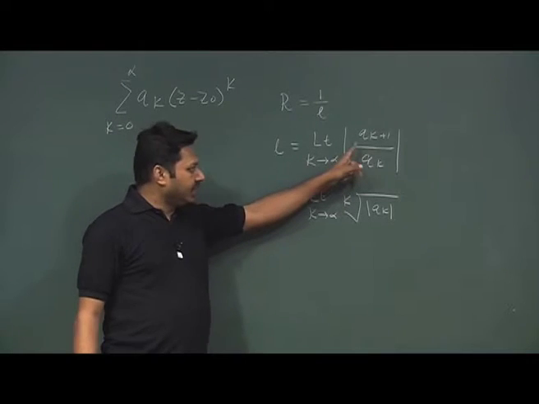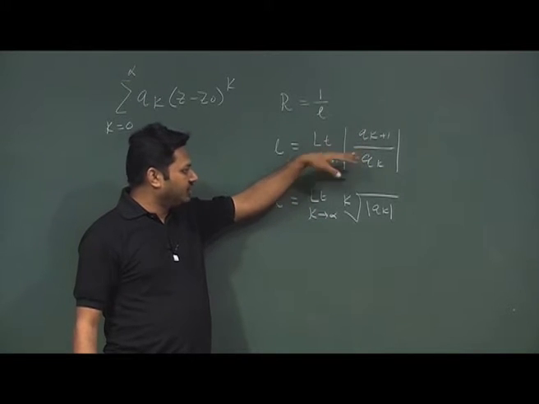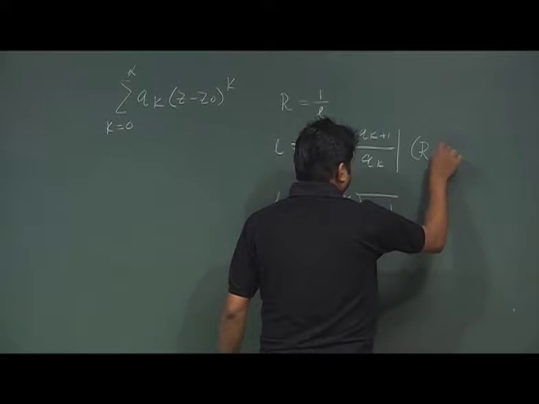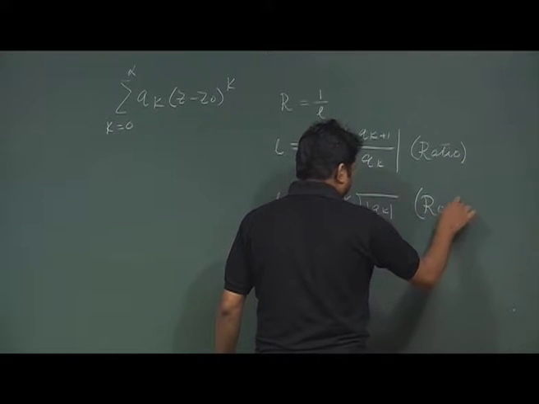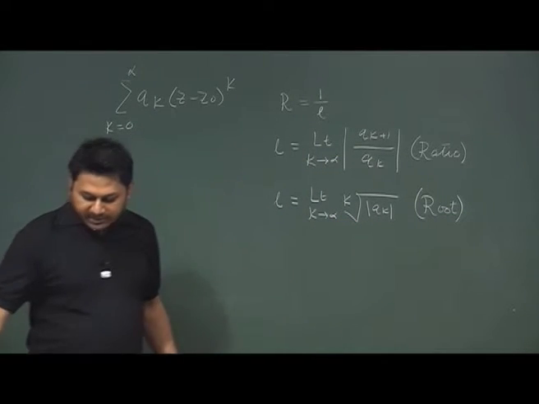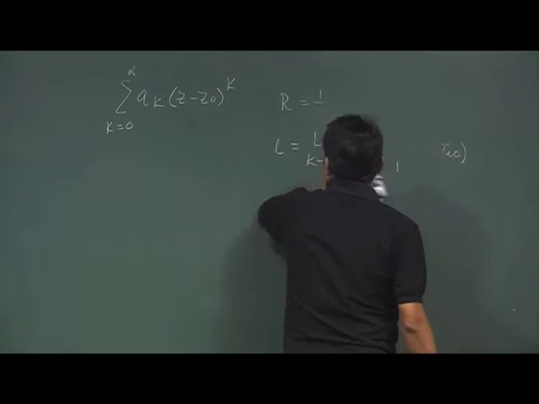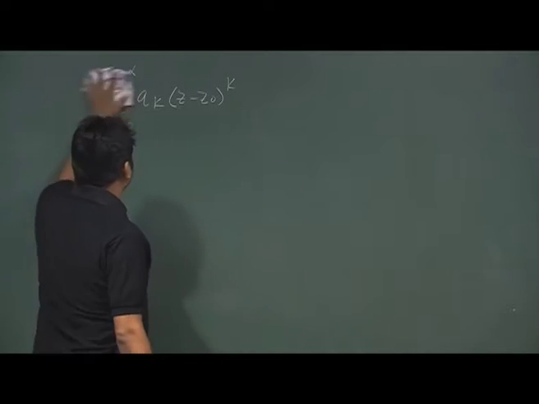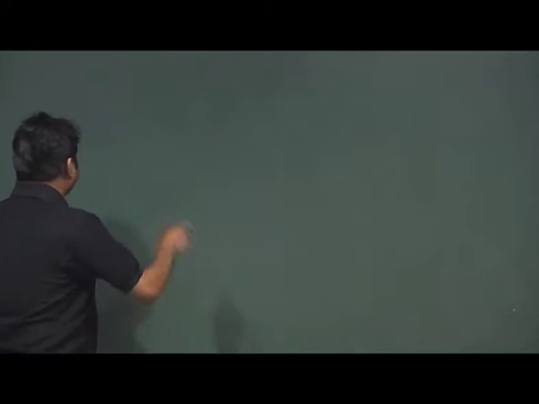And sometimes if the coefficient a_k is such that it is difficult to apply the ratio test, then we may go to this root test also. So, let me show you one example where it will be easier to find the root rather than doing the ratio.